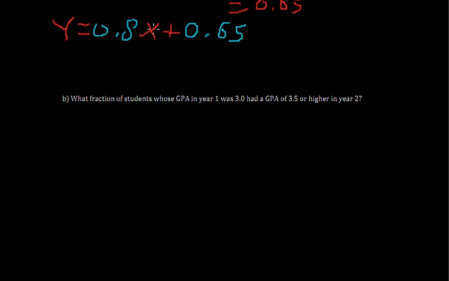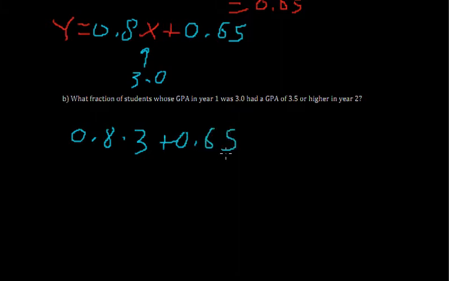So if we plug in 3.0 here, we get predicted GPA is 0.8 times 3 plus 0.65. So the predicted Y is 3.05.